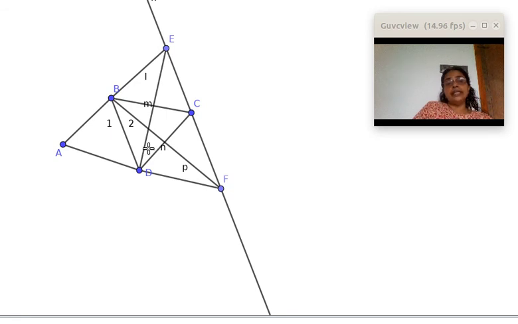Triangle AED and triangle ABF, both of them have the same area as that of the quadrilateral. You draw only one, either AED or ABF, and shade the triangle.